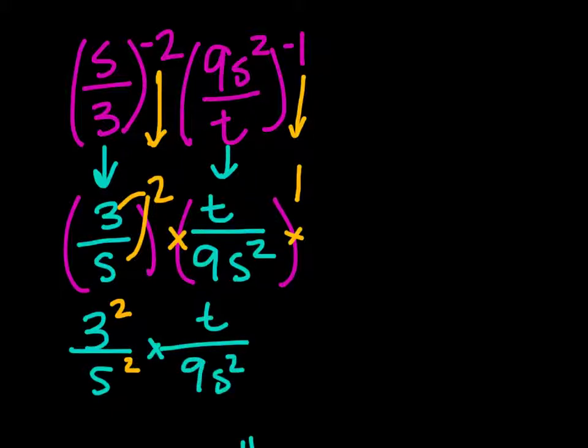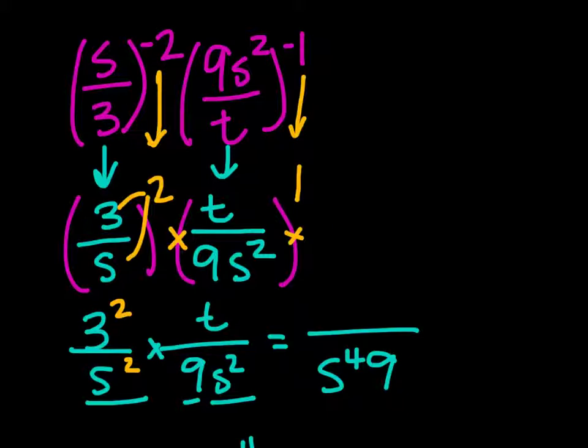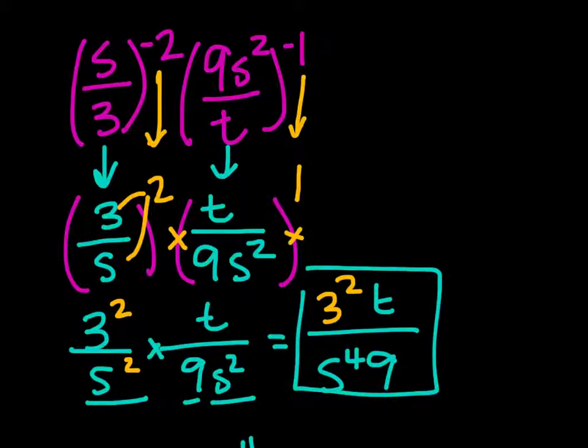So let's combine like terms. We have s squared and s squared, so that becomes s to the 4th. We still have our 9 that's right here, and we have 3 squared times t. So there is our final answer for that problem.